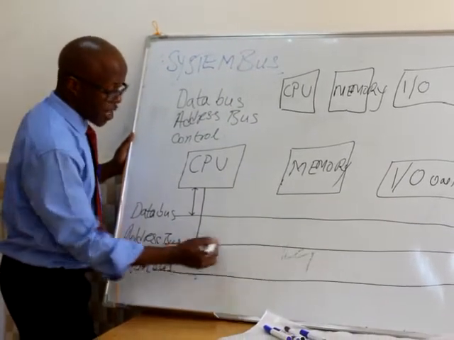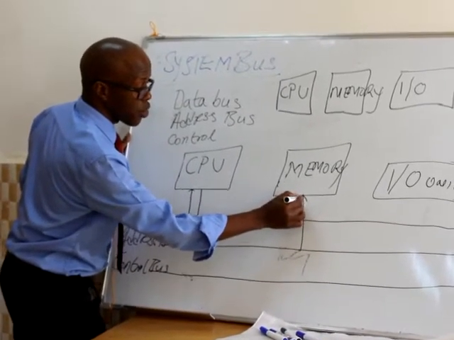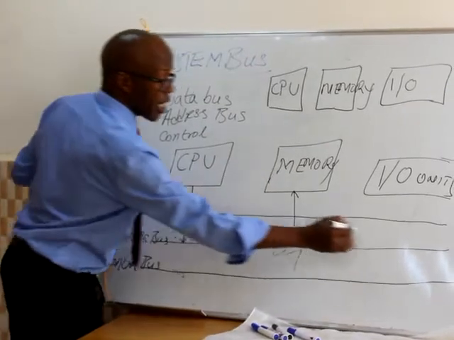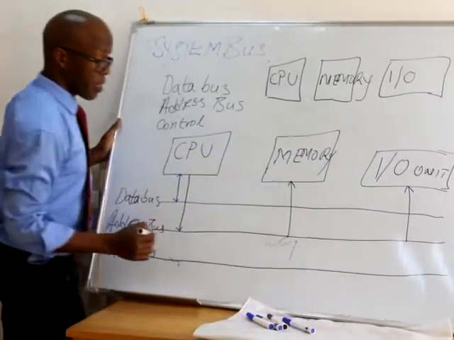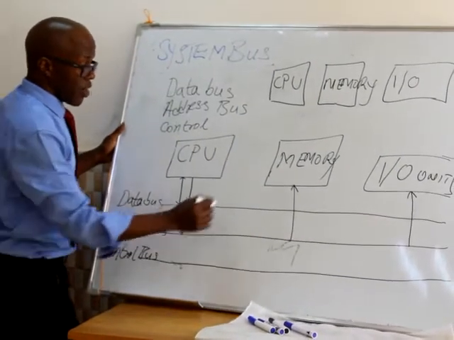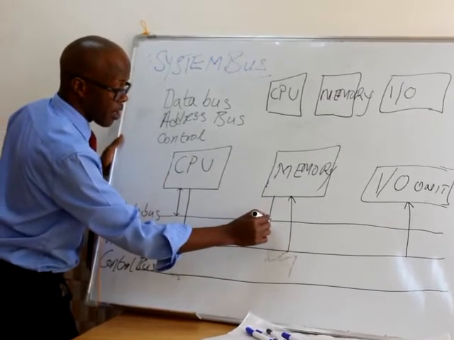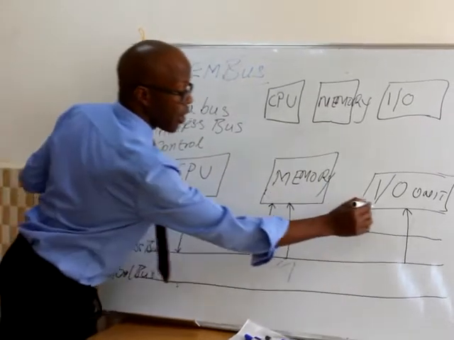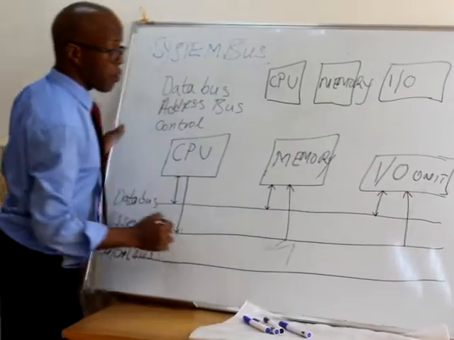So the address bus will send signals to memory and also to the input-output unit. Data, as I said, will move bidirectionally from there to the CPU and from the CPU back.